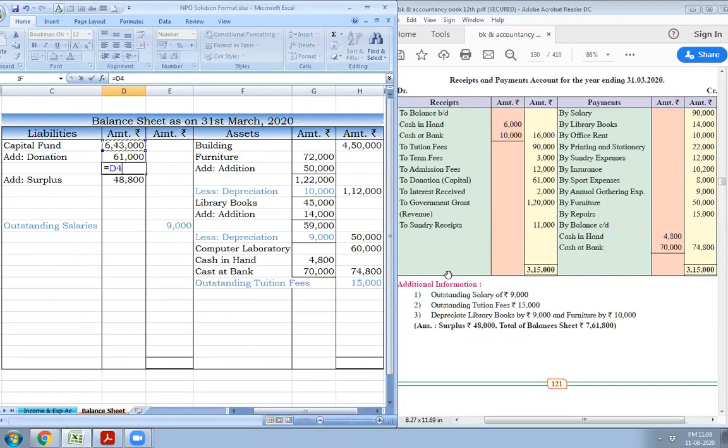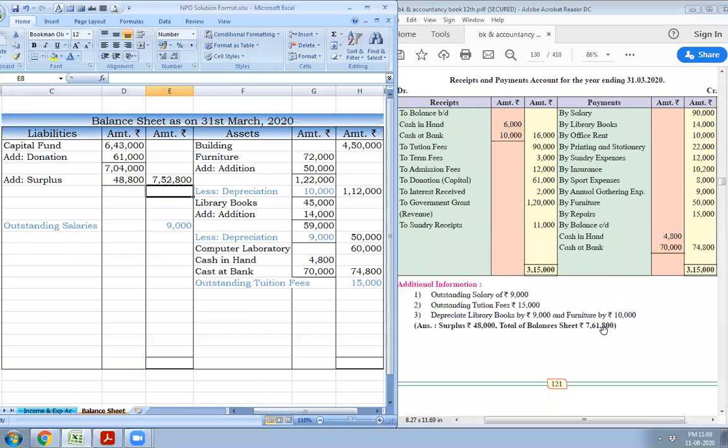Subtotal is 7,04,800. Add surplus of rupees 48,800. So the closing capital is 7,52,800.